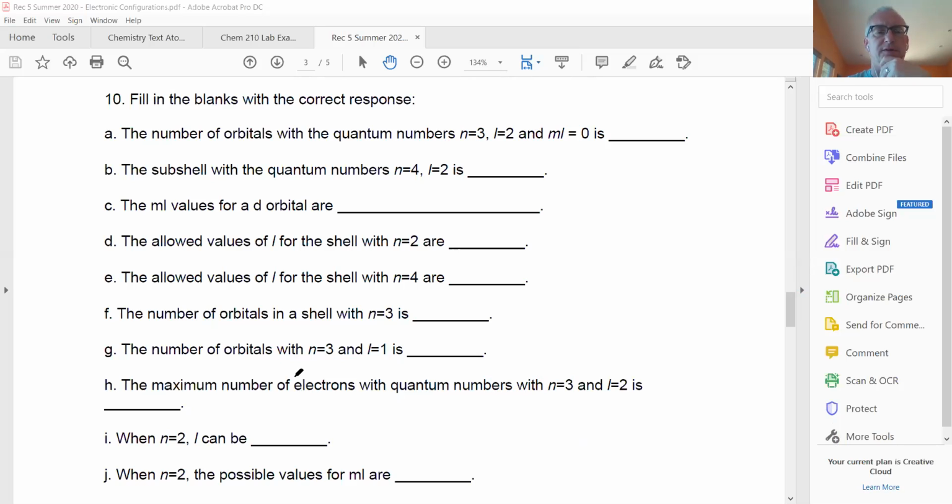So the number of orbitals, so that would be the third number, right? First one shell, second one subshell, third one's orbitals. So the number of different orbitals: n equals 3, so that we know that's 3. L equals 2, so what subshell is that referring to?